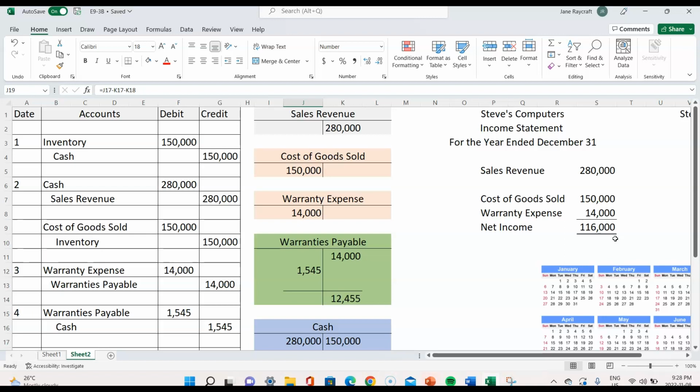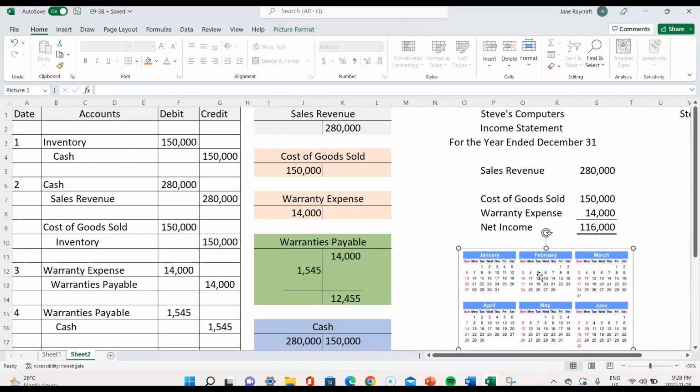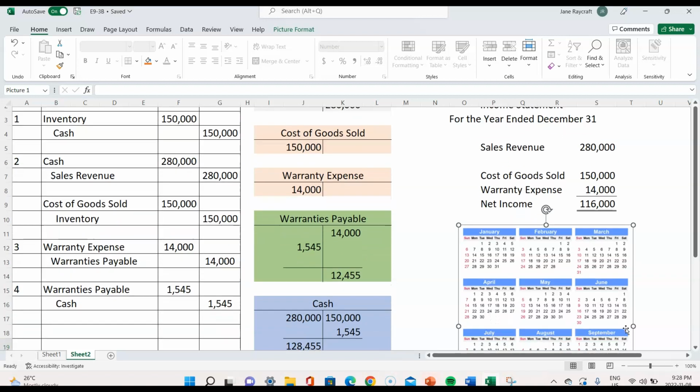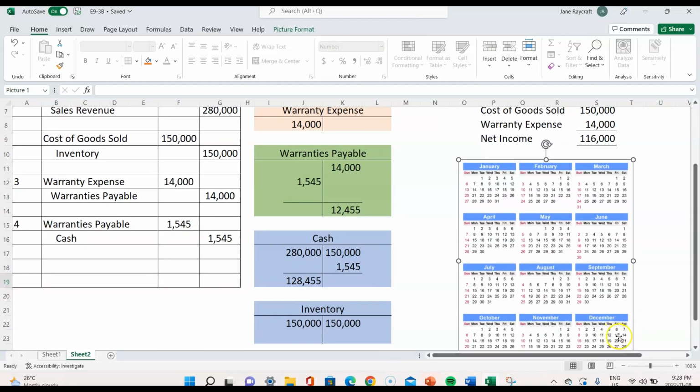So let's think about our income statement. We made all these sales. And yes, some of the warranty claims came in during this year that we would have made the sales. But you have to think, if we made sales all through the year, and here we are at the end of the year, well, if we made sales in December, those computers are still going to have 11 months of warranty.